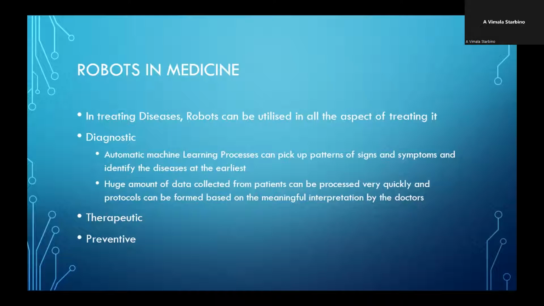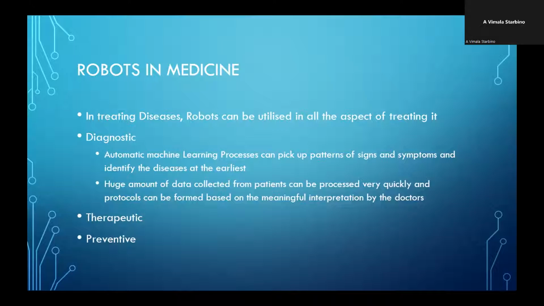We formed a protocol: for COVID 1 and 2, we can just wait and observe, but COVID 3, 4, 5, 6 need to be carefully monitored, and especially 5 and 6 need to be hospitalized. These kinds of protocols are helping the community as well as the doctors. In that part, machine learning definitely helps.